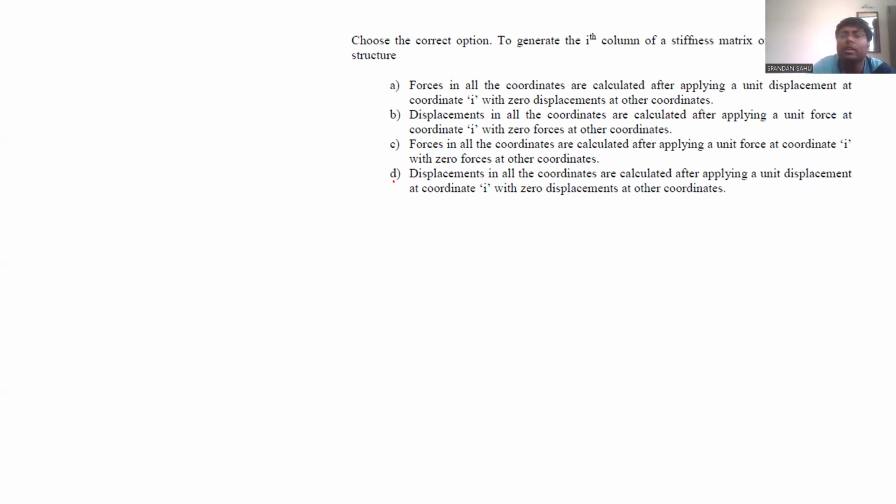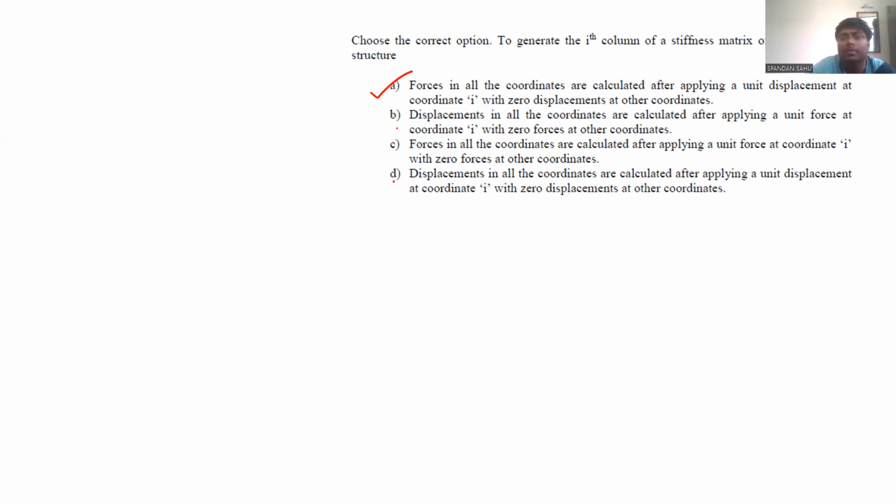Forces in all the coordinates are calculated after applying unit displacement at coordinate i with zero displacement at all other coordinates. Okay, this can be the option. Let me read B and C also. Displacement in all coordinates is calculated by applying unit force. That is the force method, not the stiffness method.